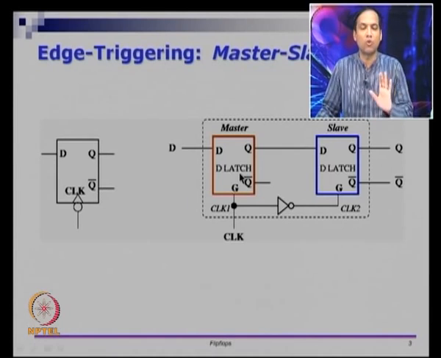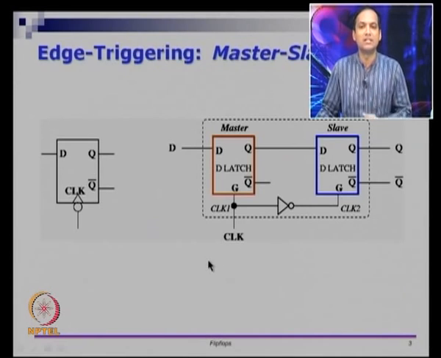So, the first thing I want you to see is this fact, that since G is the enable for this, when CLK is on, master will be enabled, slave will be disabled, and when CLK is 0, master will be disabled and slave will be enabled.